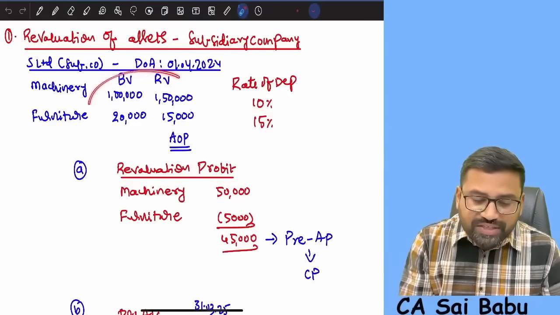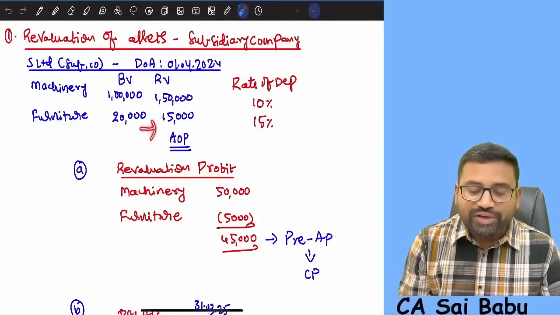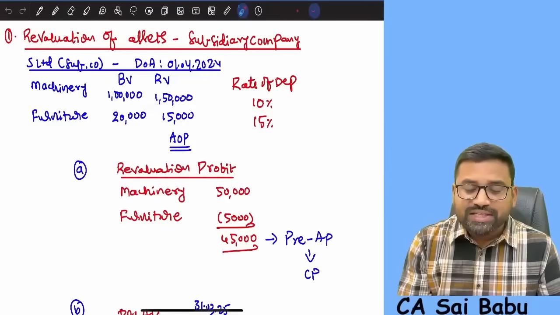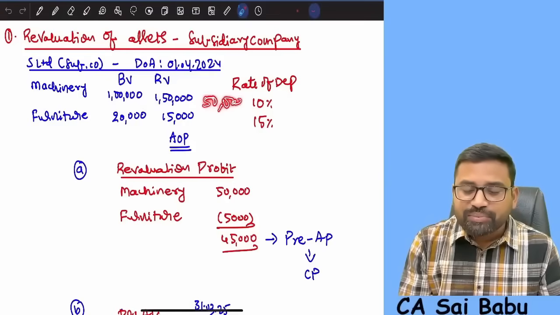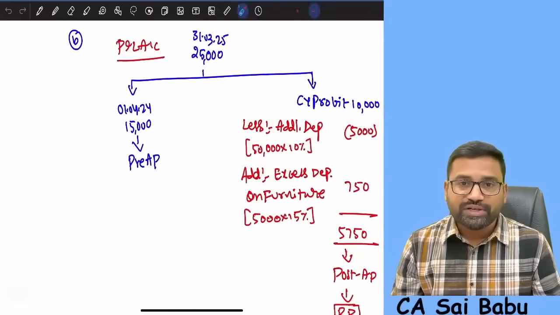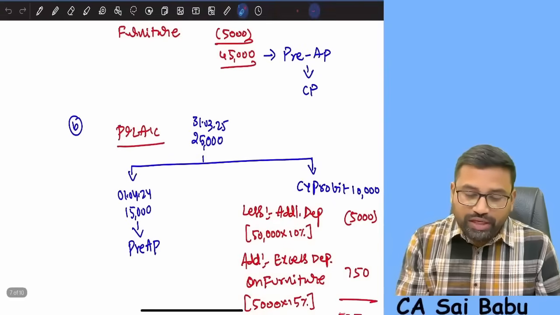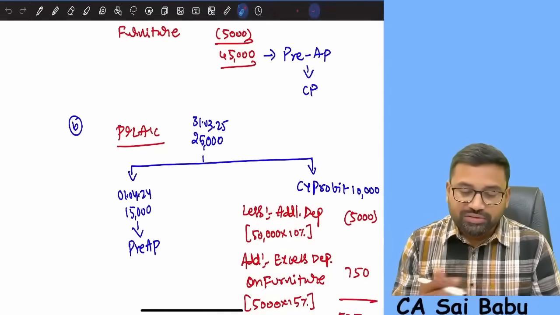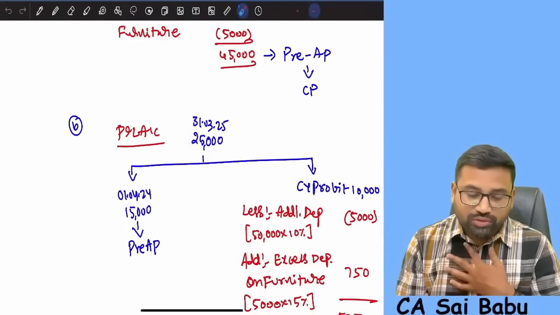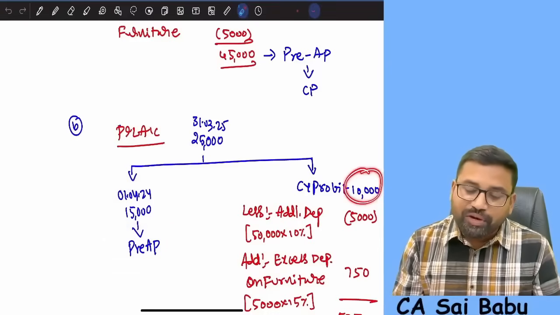Now because of this revaluation, what happened? Machinery value increases, furniture value decreases. If machinery value increases by 50,000, on that additional depreciation of 10% will come. So 5,000 will be the additional depreciation, which is going to reduce my current year profits. That is post-acquisition profits. Okay. So in the question, suppose they have given P&L account closing balance 25,000, opening balance 15,000, entire opening balance pre-acquisition profits. So current year profit is 10,000.